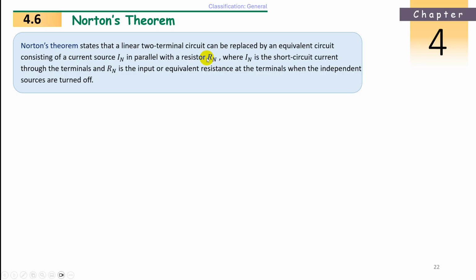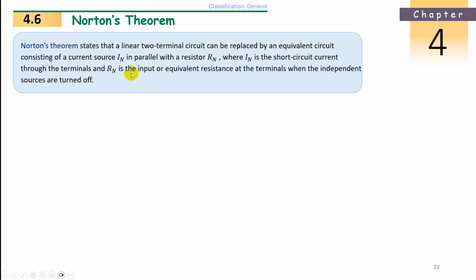In Thevenin's, we have a voltage source VThevenin in series with a resistor, but like your source transformation, here we have a current source IN, called Norton's current, and in parallel a resistor RN, called Norton's resistance, where IN is the short circuit current through the terminals. So the terminals where we open circuited the load resistance, we have to short circuit with one wire. Then we have to find IN.